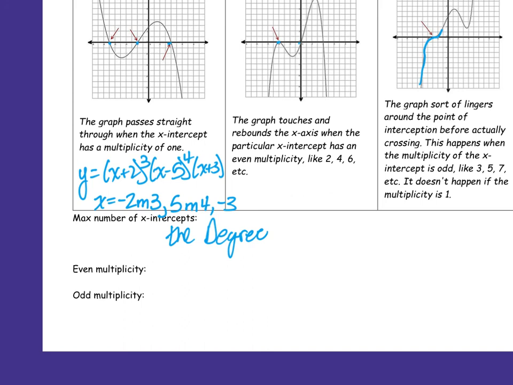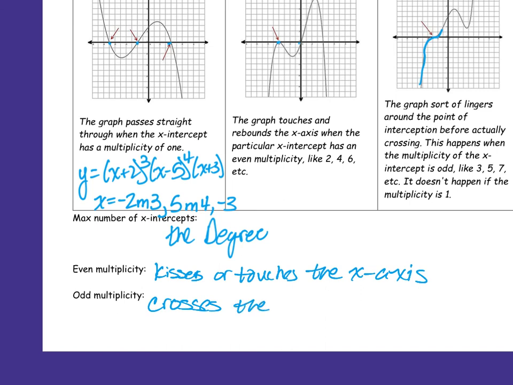Okay, so even multiplicity, what does an even multiplicity do? It kisses or touches the x-axis. And an odd multiplicity crosses the x-axis. Okay?